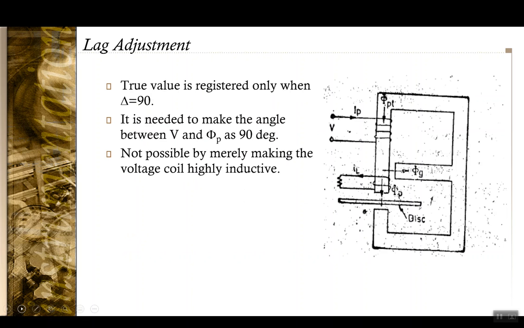However, by merely connecting an inductive circuit to the supply voltage, you cannot bring a 90-degree phase lag. So you need to do something more.